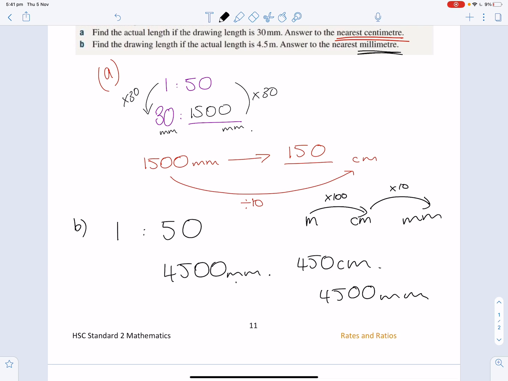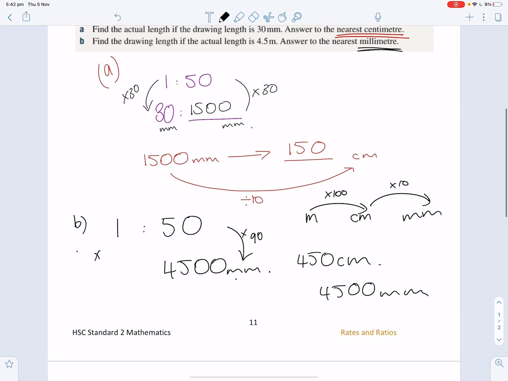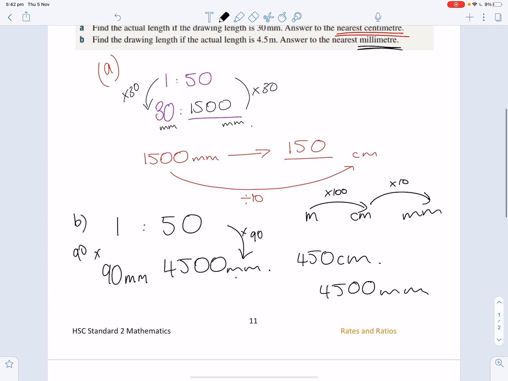To get from 50 to 4,500, to work out what was multiplied, I can just divide 4,500 by 50, and I will get 90. So that was a times 90, which means that this side I need to times by 90. So I get 90 millimeters as my final answer.